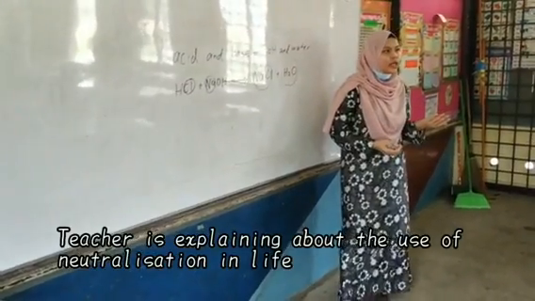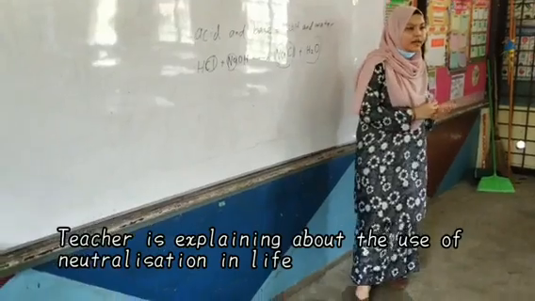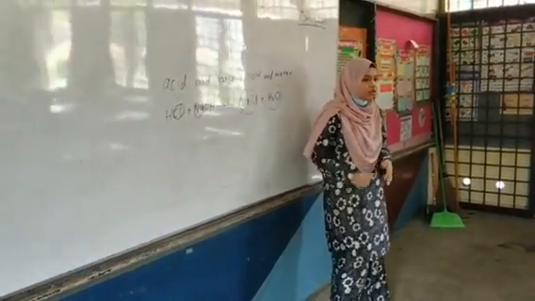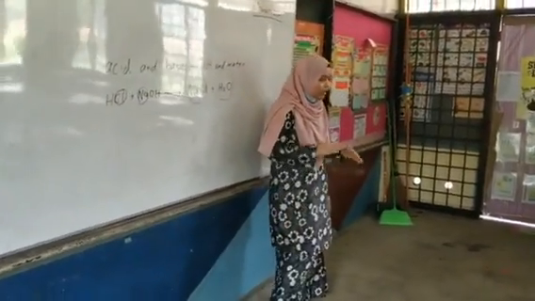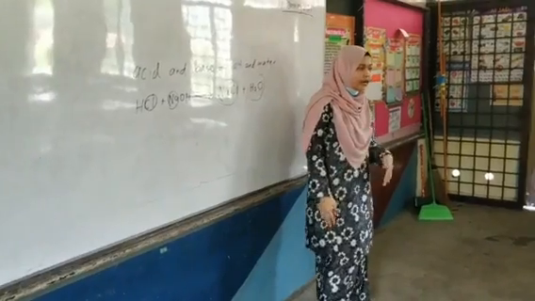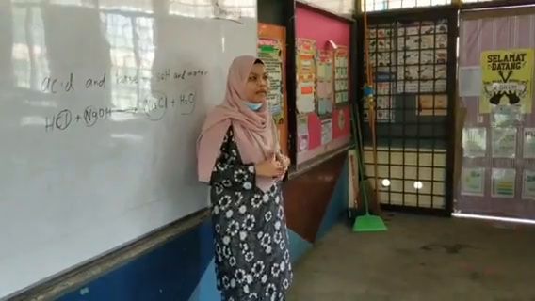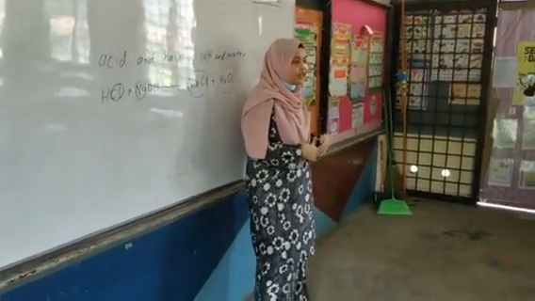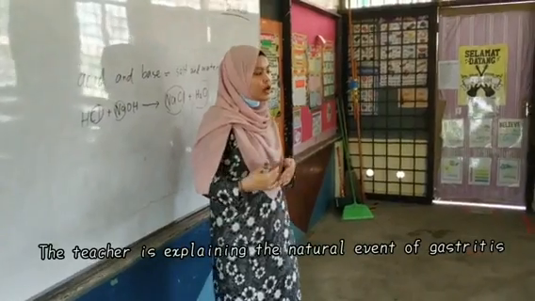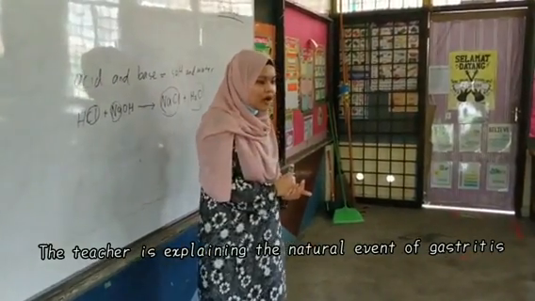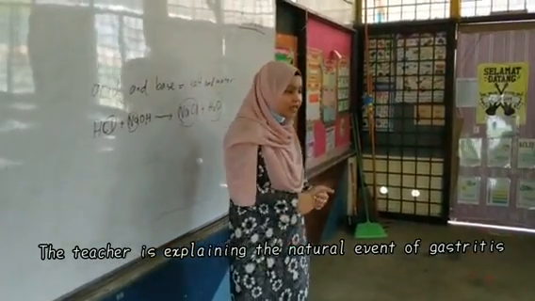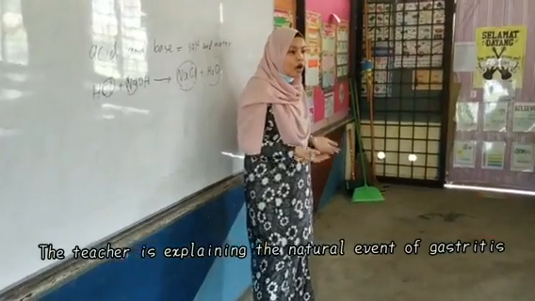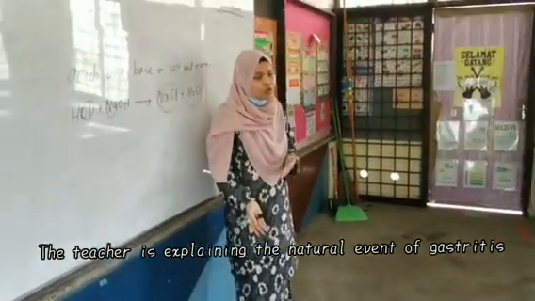It will be more painful, and we cannot bear with it. And if we are stung by a stingray, we need to use vinegar to neutralize our wounds, to neutralize the sting, right? And some people have gastric pain, gastric problem, because in their stomach they have more hydrochloric acid because they don't use it.